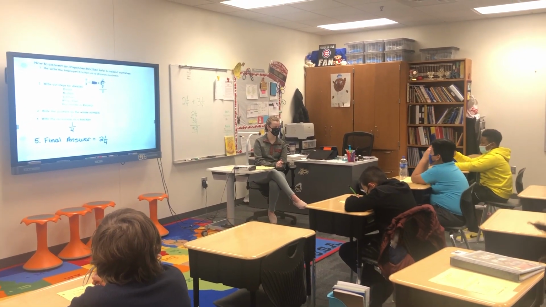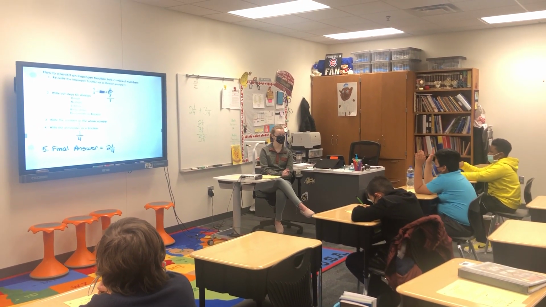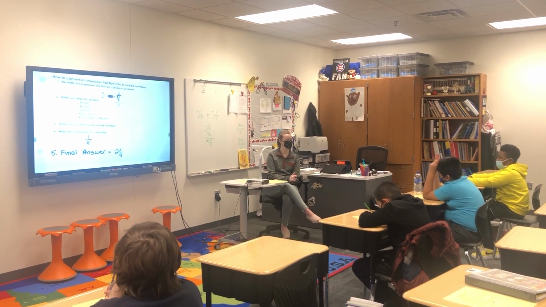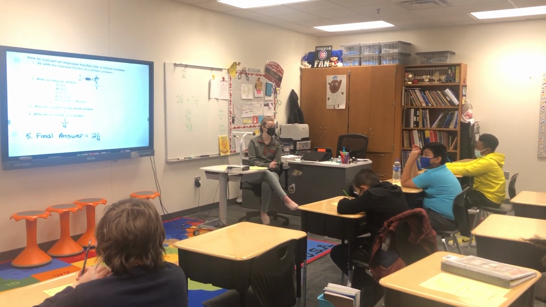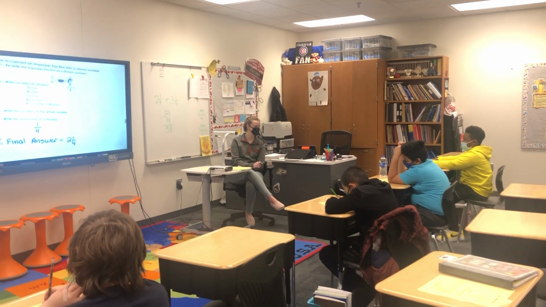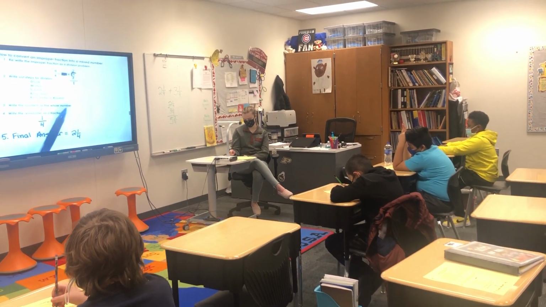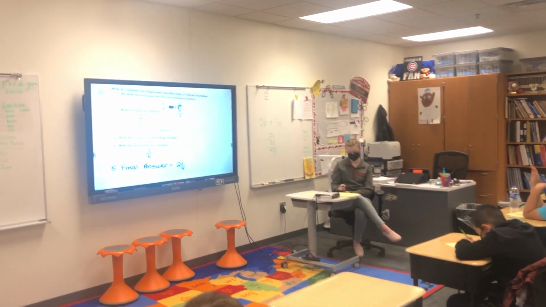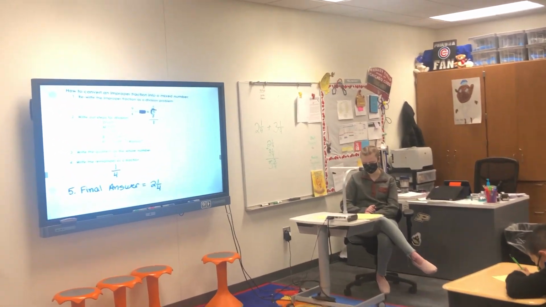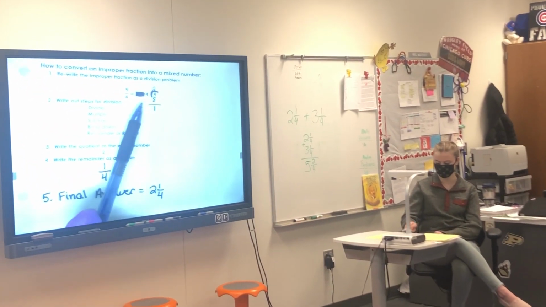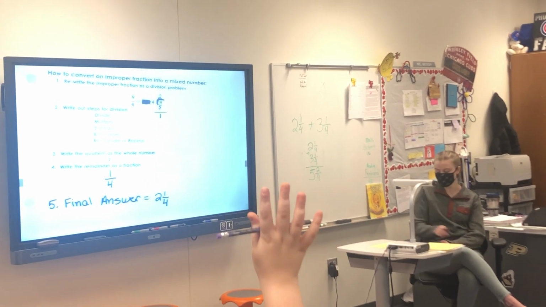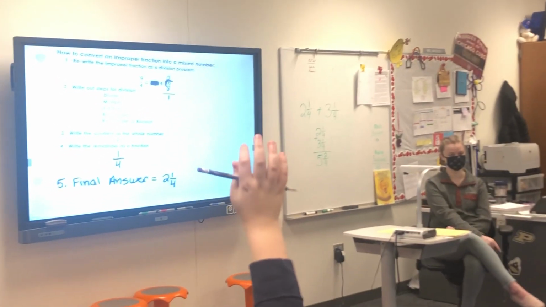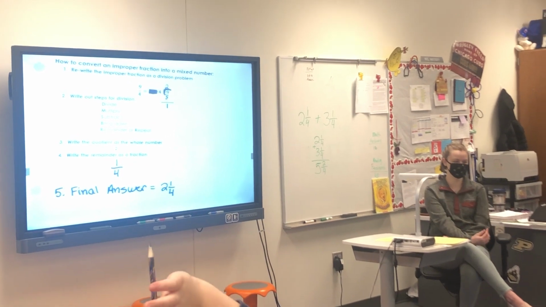We're done? Right, so there's nothing to bring down. We can't put 4 into 1. So what are we going to do with this 1 here? What happens to that 1 now?